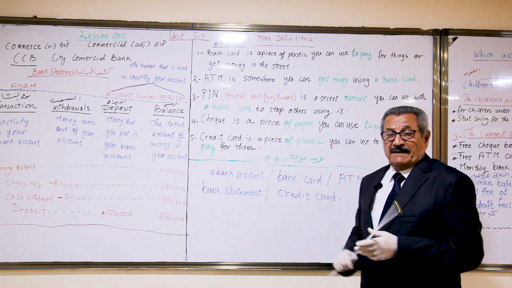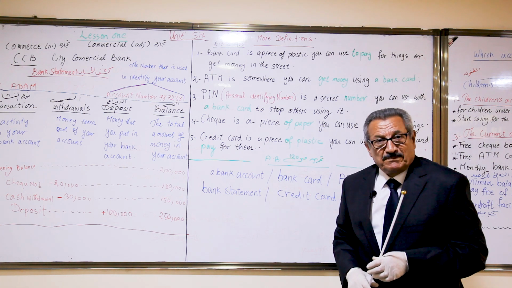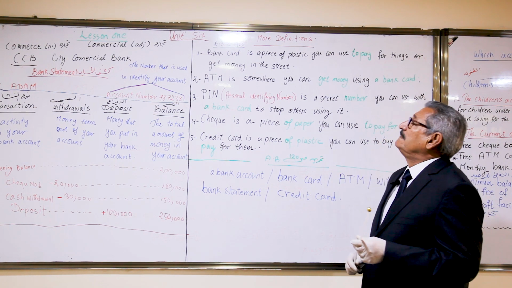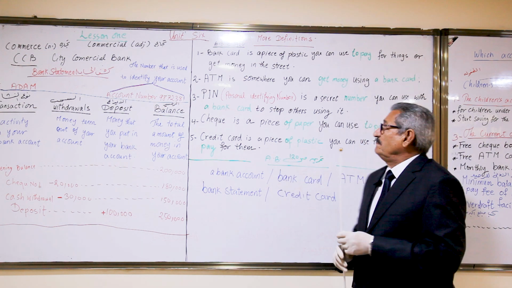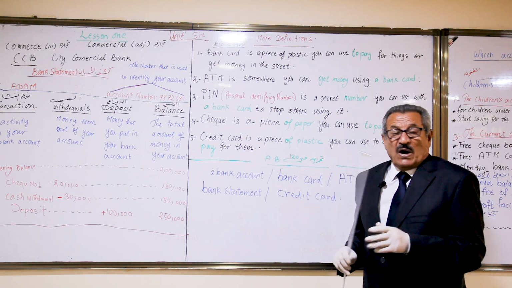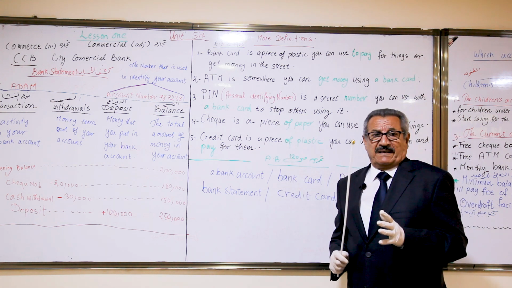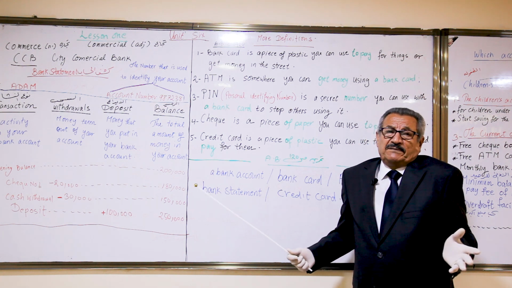Without this number, the bank card becomes useless. We need this number to make the bank card effective. So it is secret. Only the card holder knows that number, whereas others can't use it because they don't have the number.